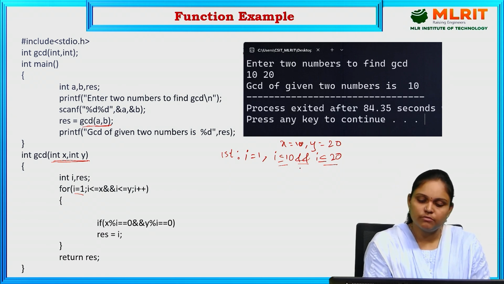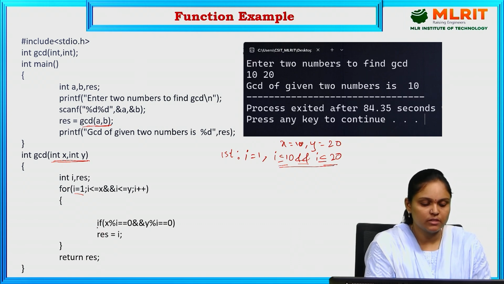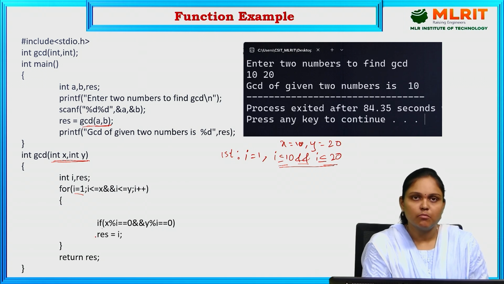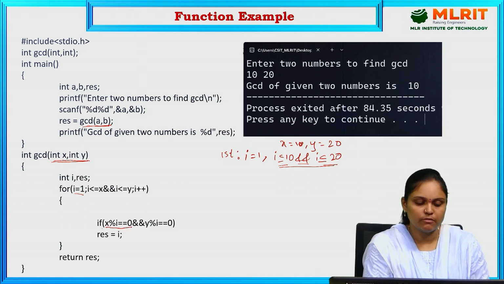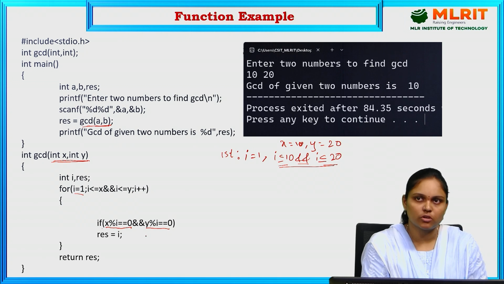If the condition is true, then we get inside the for loop. Inside the for loop, we have written the first statement as if x modulus I. By using this, we are finding whether I is a factor of x or not, and by using the other condition, we are finding whether I is a factor of y or not. So that is the thing we are finding.